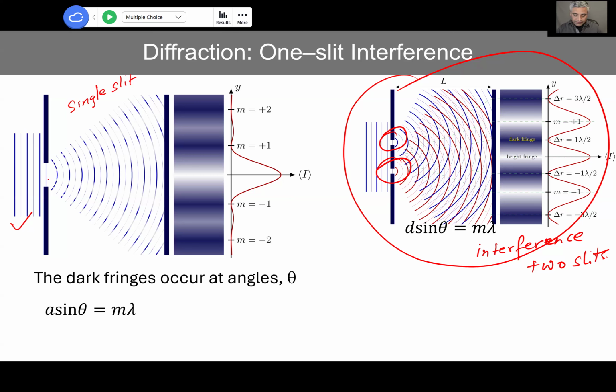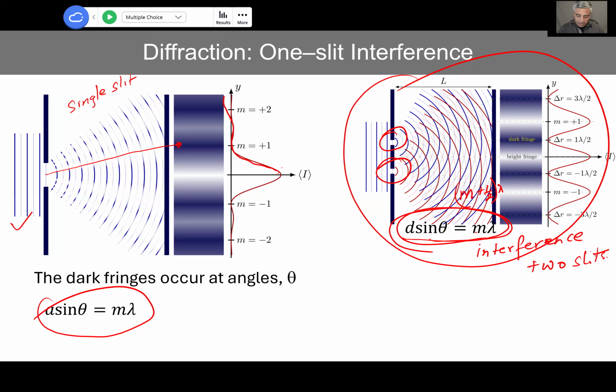Now, in this case, to analyze this, we can use a similar equation, but in this case, what happens? The center has a maximum intensity and intensity decreases drastically. So the first dark happens to be over here, okay? And we had this equation for the bright fringes, m times lambda, and for the dark, we had m plus half lambda.